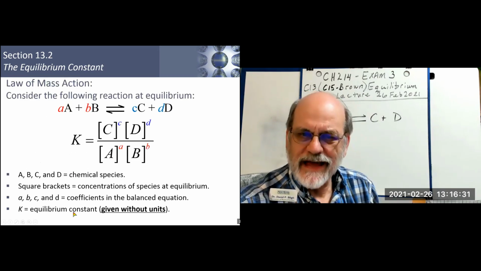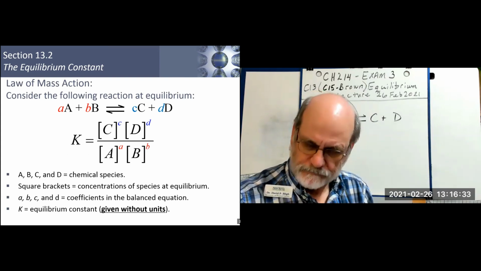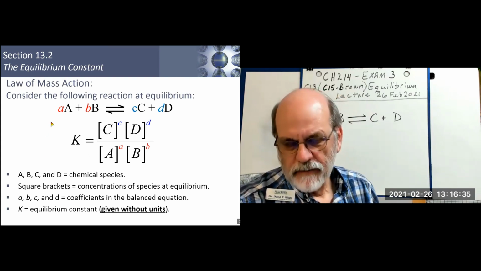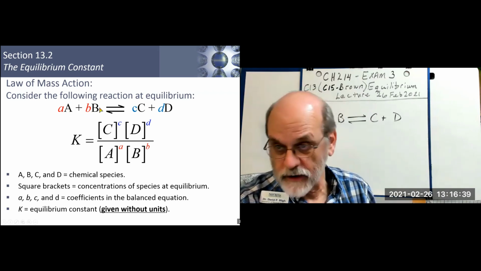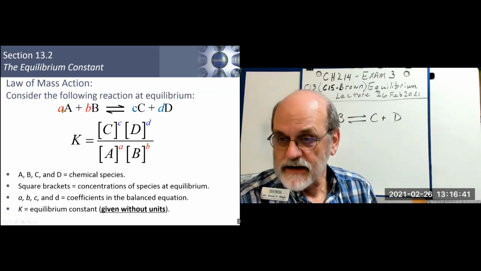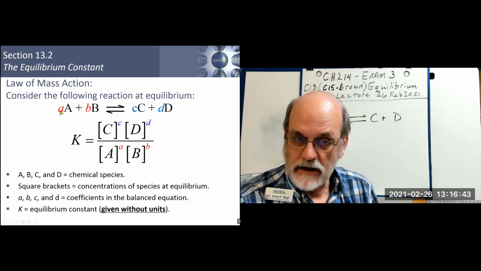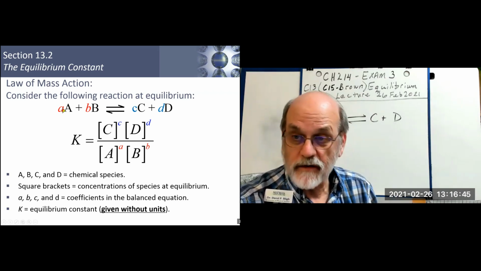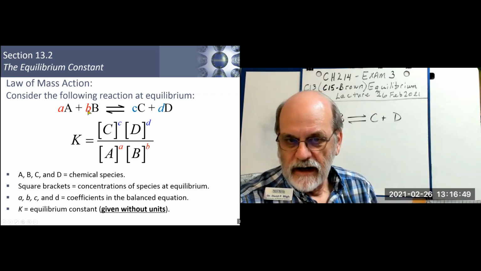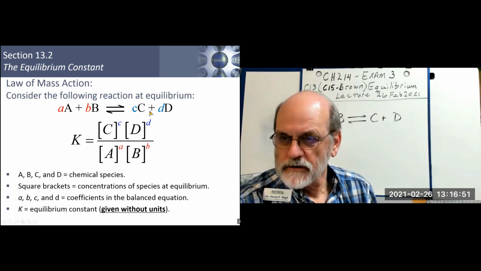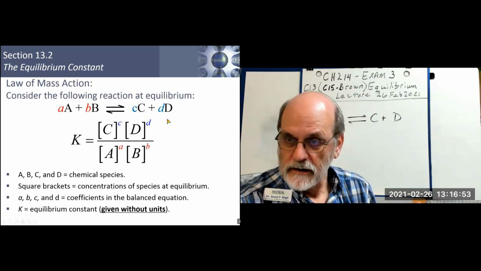Okay, so this is what they came up with. So you have your reactants here. So you have a reactant A or a reactant B, and it has a coefficient, right? If there's no number there, then you assume it's 1. So each has coefficients, reactants, and products.